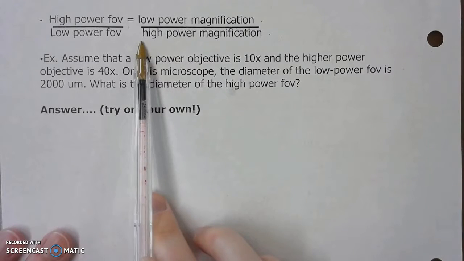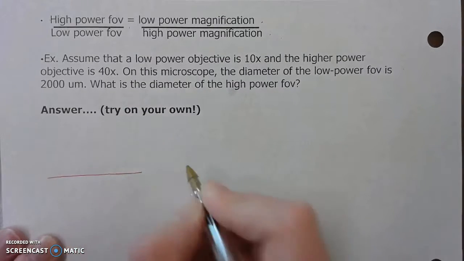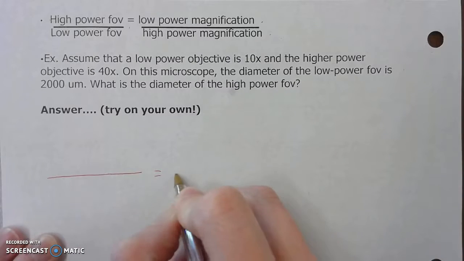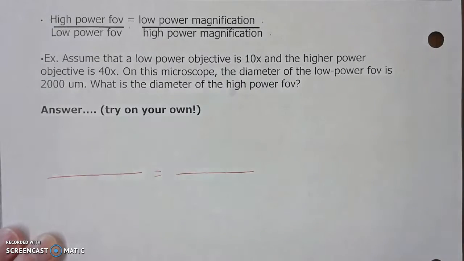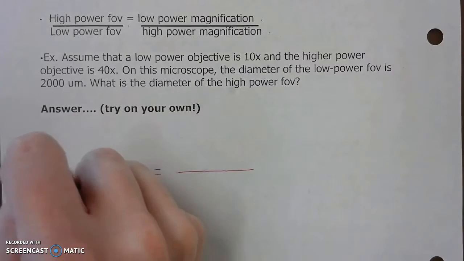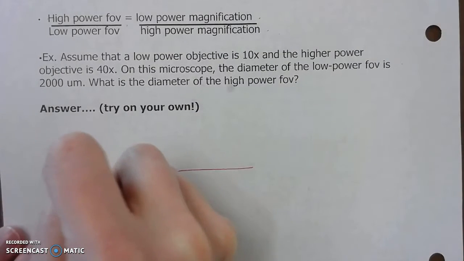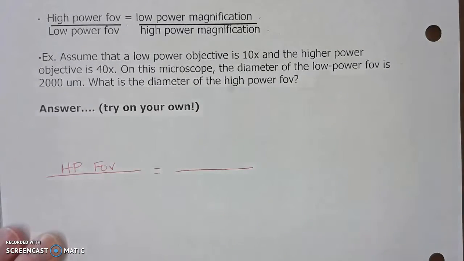So we already have our proportion here. Let's draw a line, an equal sign, and a line, so we can substitute in our numbers. The high power field of view is what we are looking for, so nothing gets substituted there. I'm going to abbreviate with HP, high power, FOV.